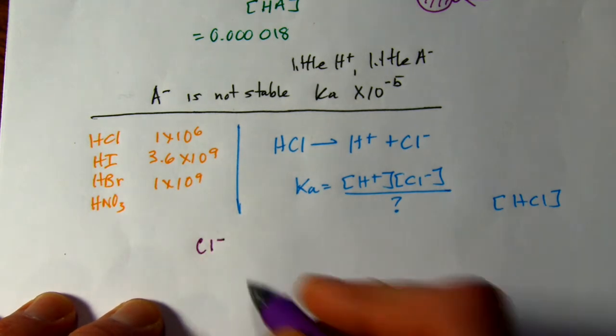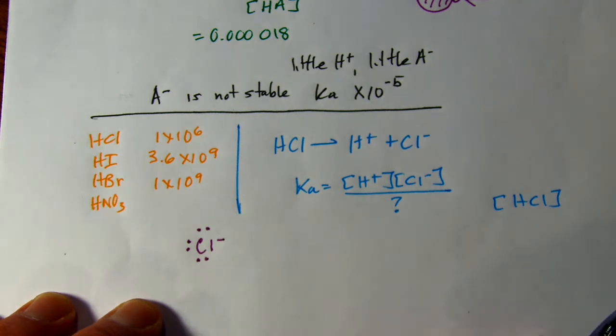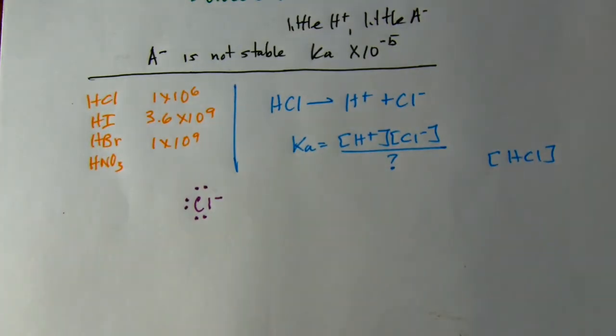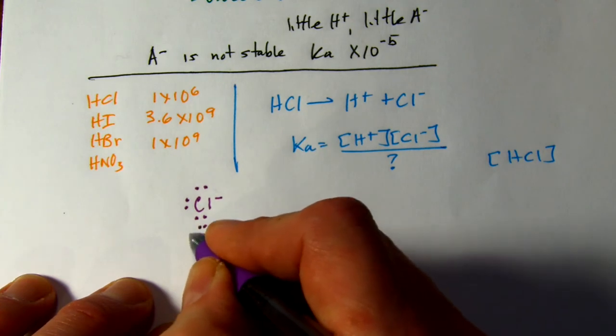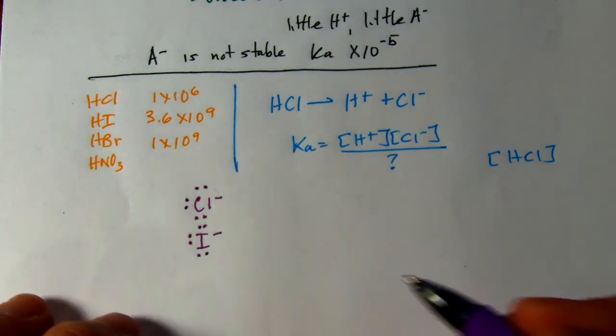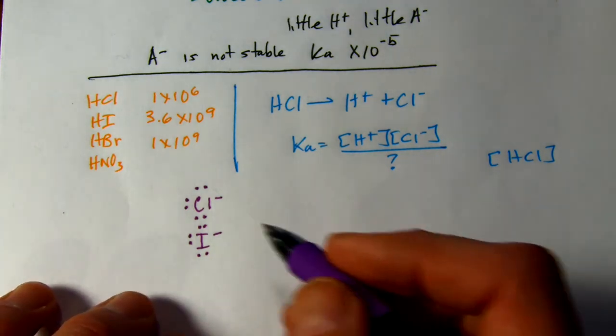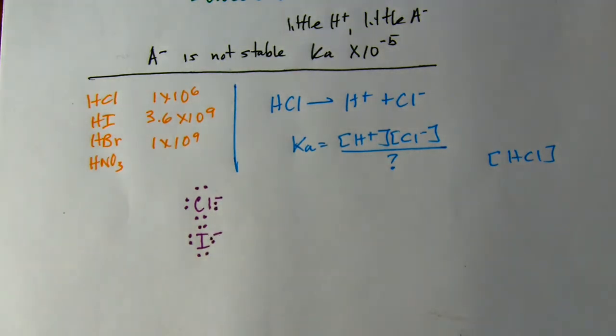So here's a Cl minus. I want to start drawing it like this because that's going to relate to organic chem. You have Cl minus, you have an I minus, right? And so you have that situation there. I think we can draw that, right?